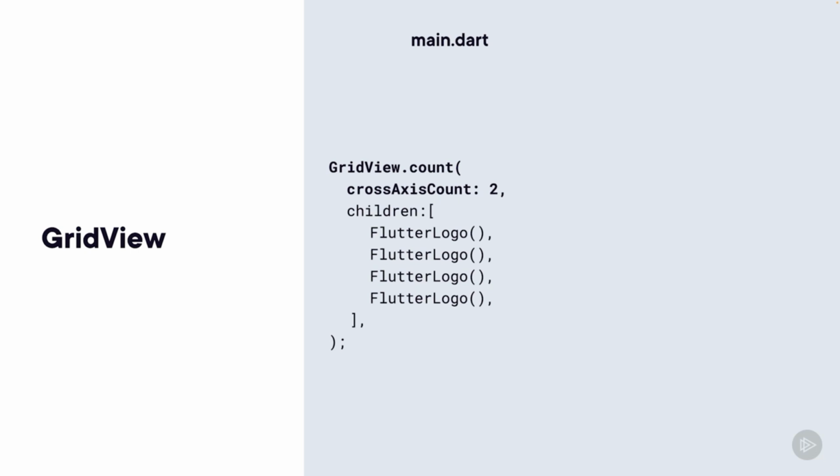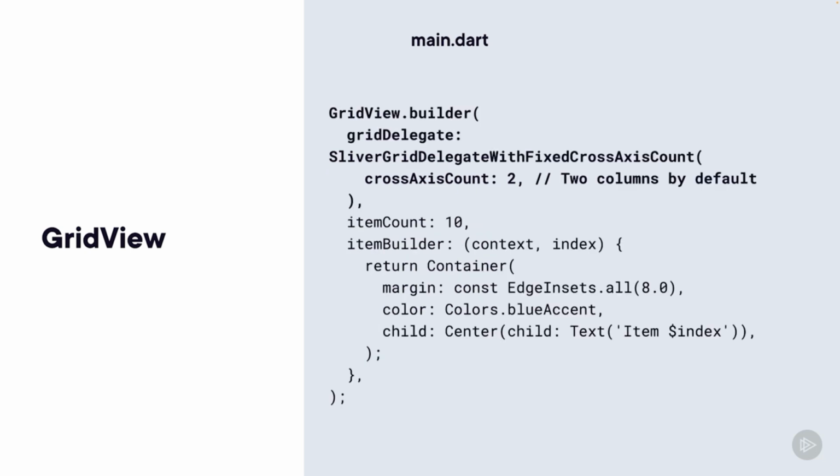When you have a large number of items dynamically, you can use a builder function to create and populate grid items on demand as the user scrolls, which makes it suitable for displaying large collections of data. Note that Grid Delegate and Item Builders are required. Grid Delegate is a delegate that controls the layouts of children within the grid view. All right, I understand. Let's actually see them in a demo.